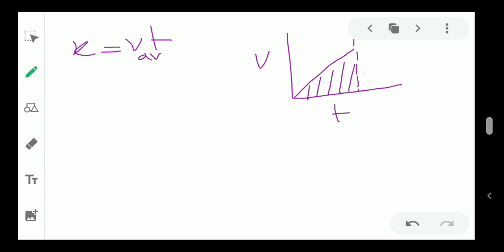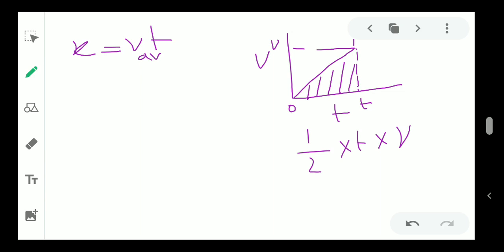You can easily see, if my initial velocity is 0, and for simplicity I am taking this, and let's say at time t I want to find the velocity here, which is v. Basically the area of this triangle will be half into base into height, that is my v, right?